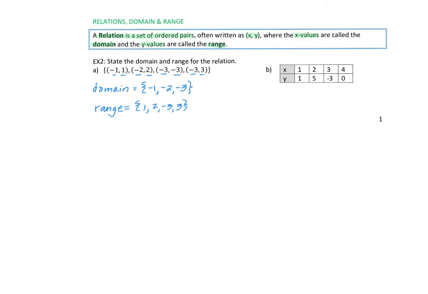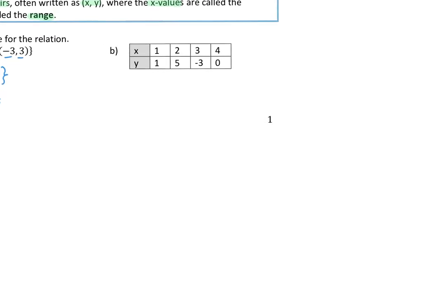But now let's look at example B. Well, is this a relation? Is this a set of ordered pairs? Well, it may not look like a set of ordered pairs, but we do have X values and we have Y values. So I could, if I choose, write this as the set of, if we look at the first column, X is 1, Y is 1.